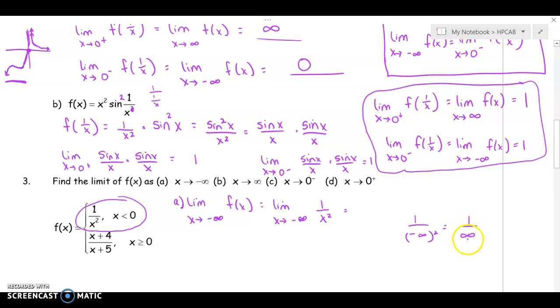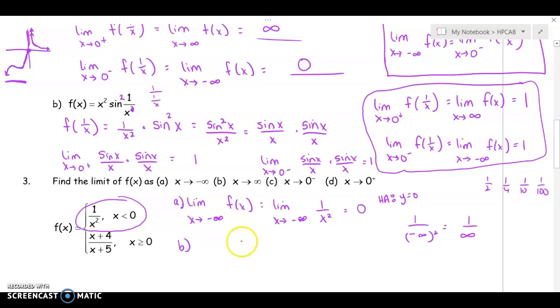When you do 1 divided by really large numbers, think about 1/2 versus 1/4 versus 1/10 versus 1/100th. As that number gets bigger and bigger on the bottom, you're getting closer and closer to 0. So this limit is going to approach 0. There is a horizontal asymptote at y equals 0 for that branch of the graph.